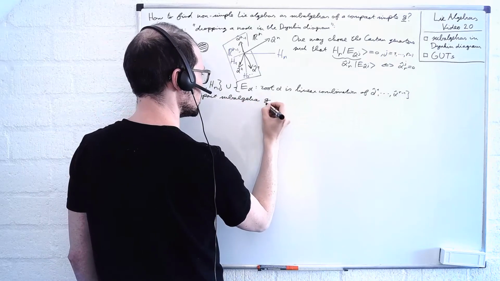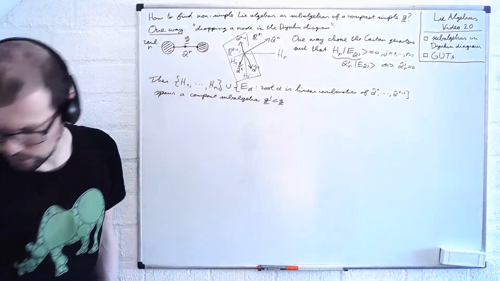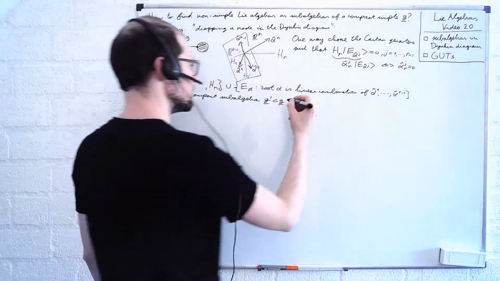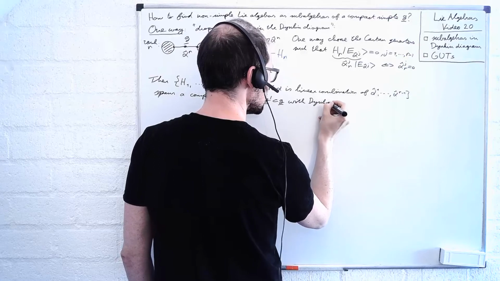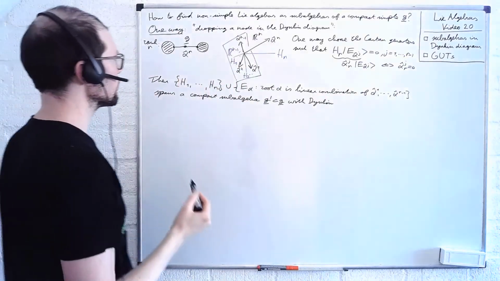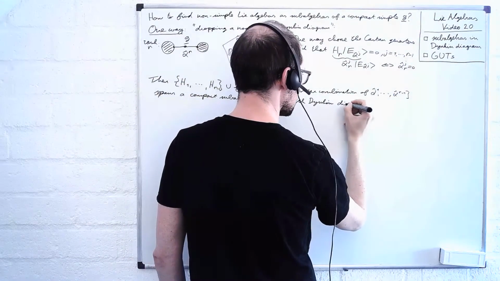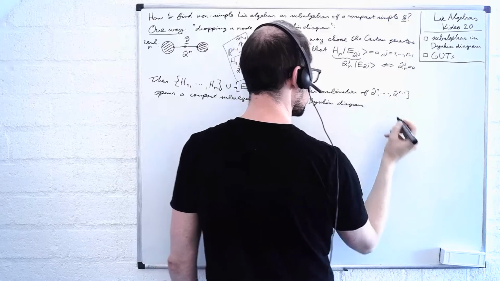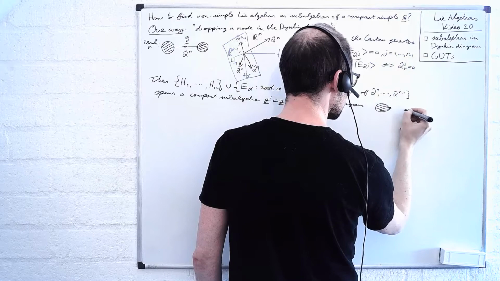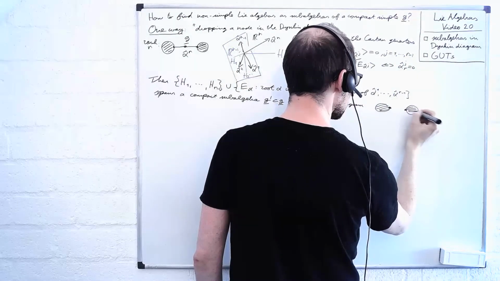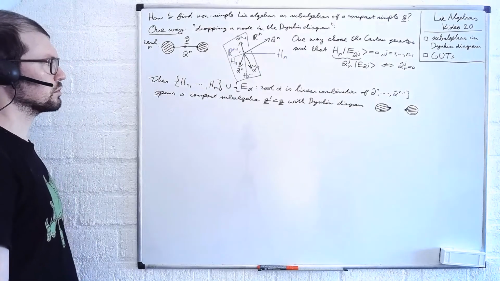Let's call that G prime, contained in G, whose Dynkin diagram is simply the one that I had before, but with this node dropped. A Dynkin diagram of this form.